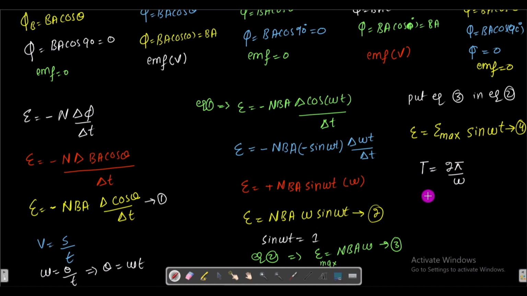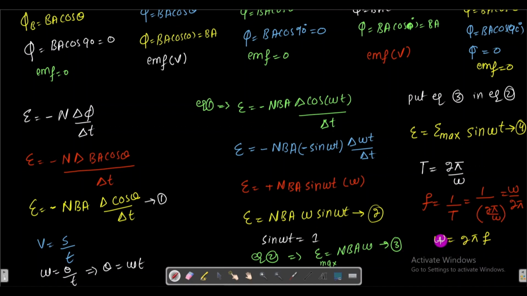So frequency is equal to 1 over T. The reciprocal of the time period is the frequency. So 1 divided by 2 pi by omega becomes omega by 2 pi. From this relation, omega is equal to 2 pi f.